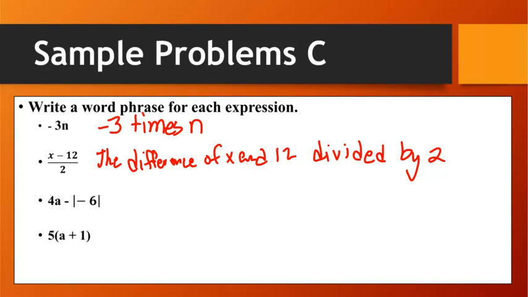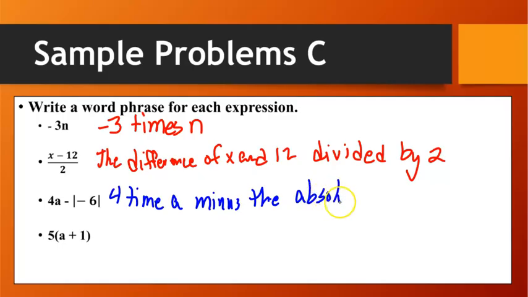Next, I have 4a minus the absolute value of -6. So I could say 4 times a minus the absolute value of -6.